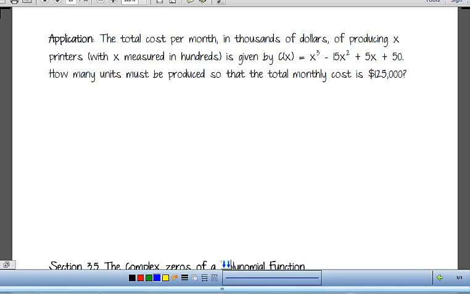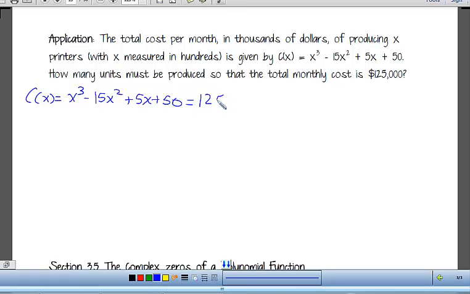So we get C of X equals X cubed minus 15x squared plus 5x plus 50. And we want to set that equal to what? 125,000. This function gives us the cost of producing X printers, or X hundreds of printers.